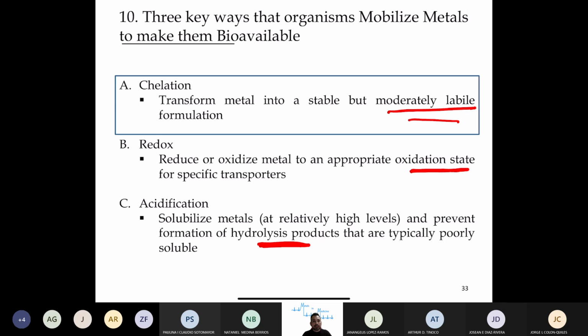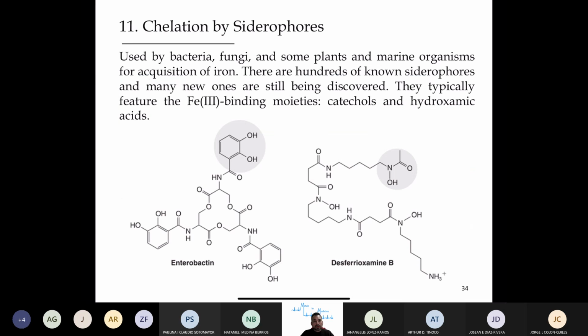All right, so let's look at this idea of a chelation process. Again, chelation, redox, and acidification. We're going to focus on chelation, specifically chelation by siderophores. Siderophores are chelators, and you primarily see them being produced by bacteria, and they are used by other organisms.